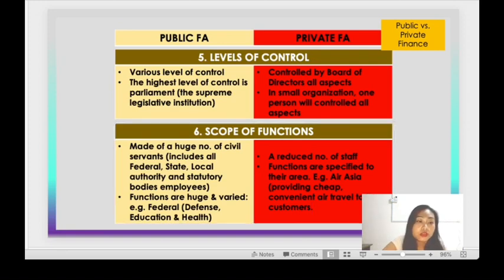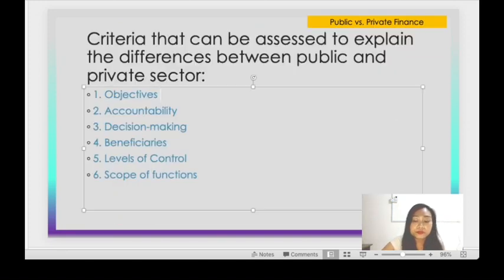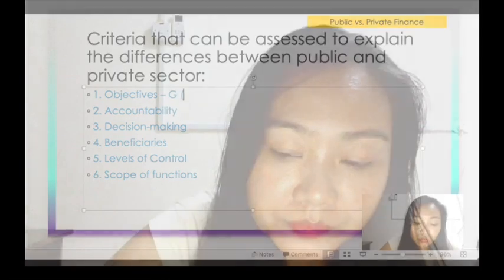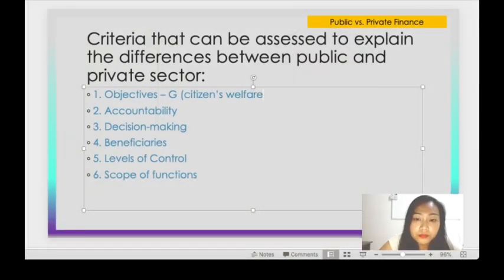So in order to make it clear, for the objectives, we can see that for public government, the objective is to aim at serving. Meanwhile, for private sector, the objective is driven by profit. Next one, accountability.